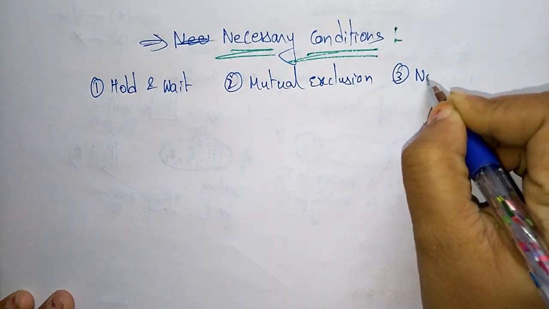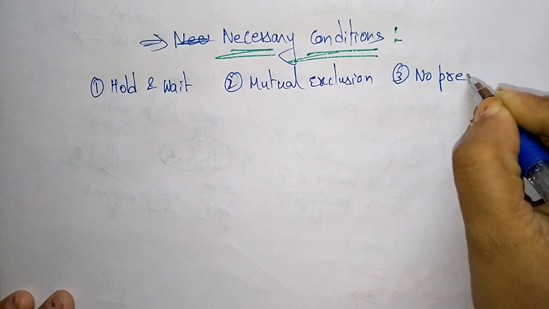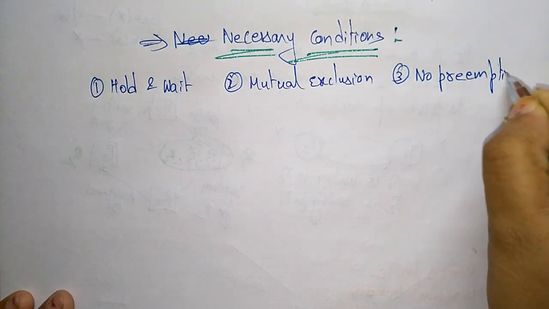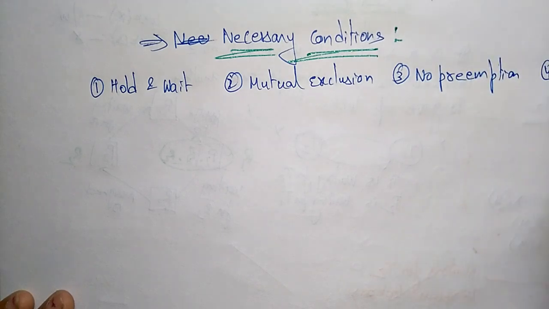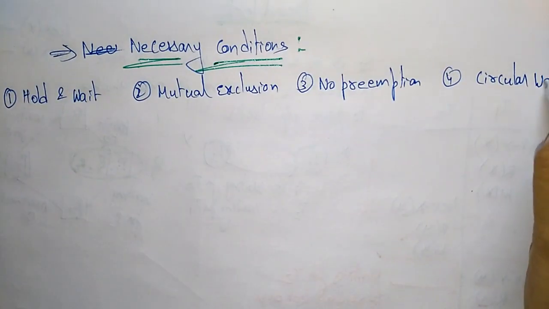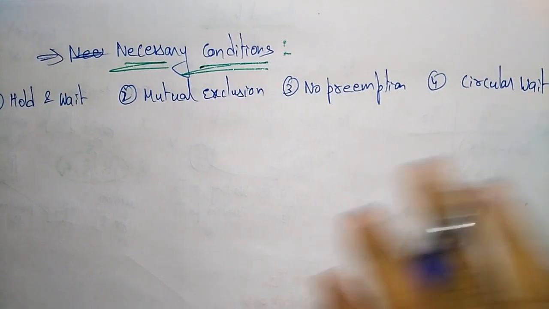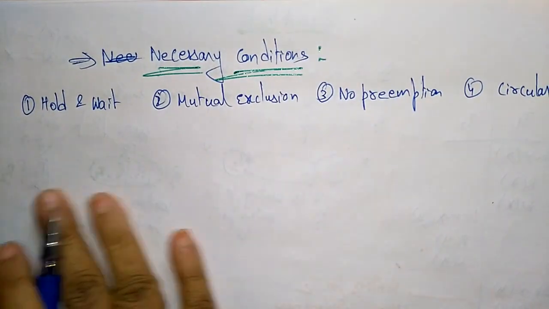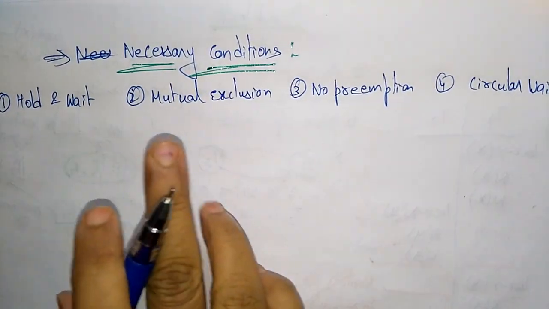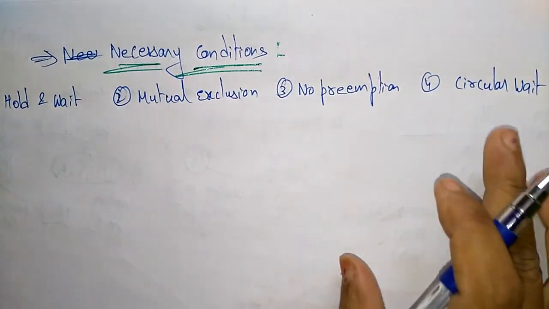Next, no preemption. Fourth one is circular wait. So these are the different conditions that cause deadlock: hold and wait, mutual exclusion, no preemption, circular wait.